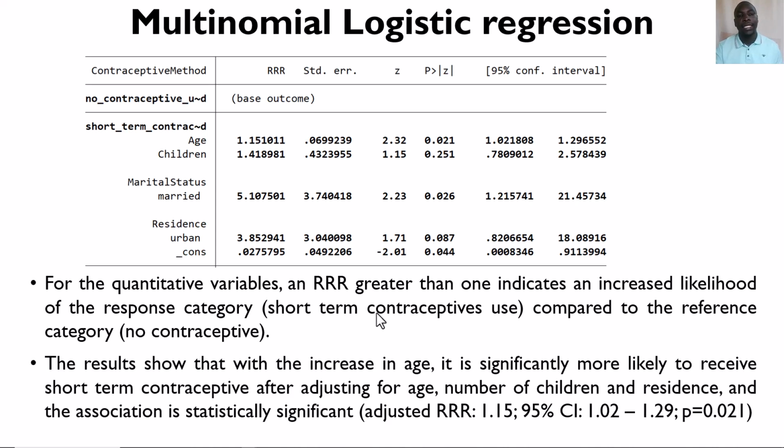In other words, these results show that with increase in age, it is significantly more likely to receive short-term contraceptive after adjusting for number of children, and residence, and this association is statistically significant. That's what it basically means. A similar interpretation for children, which is numerical, although here it is non-significant, so don't bother to interpret it.